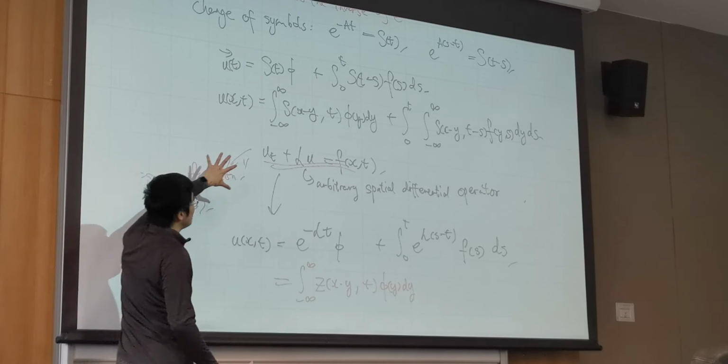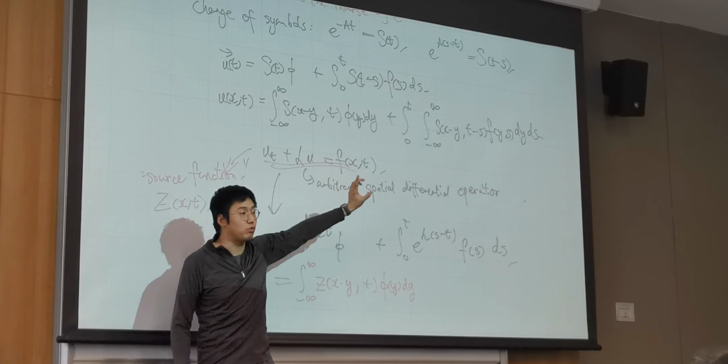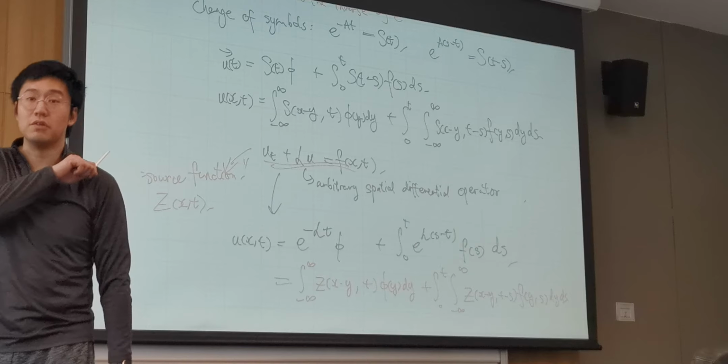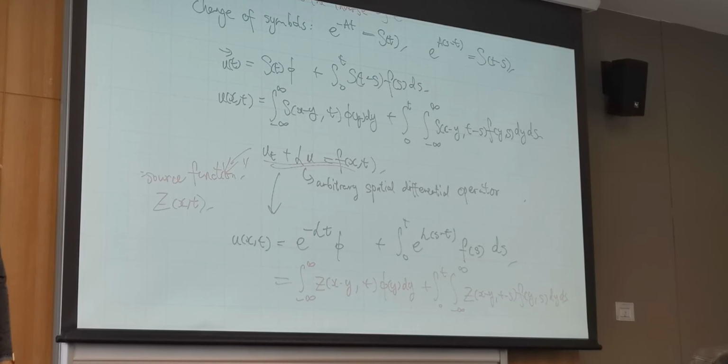I'm just trying to copy whatever's happening over here, just representing the big S to big Z. And then plus from 0 to t, and then from negative infinity to positive infinity, Z(x minus y, t minus s) f(y,s) dy ds. Is this better? Do you feel better to accept this one?